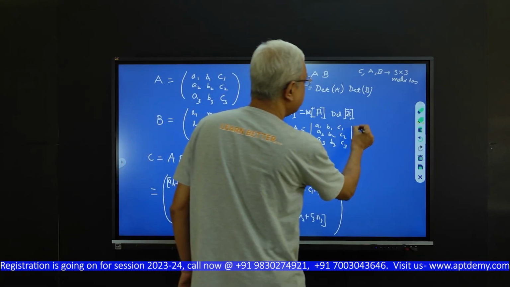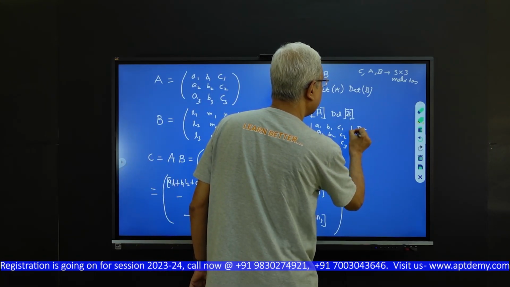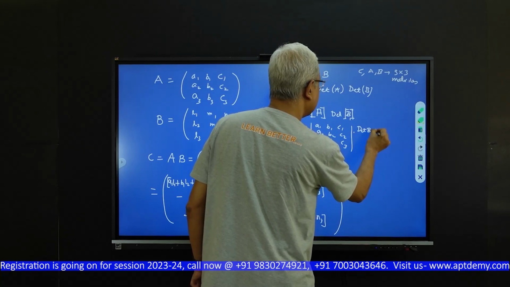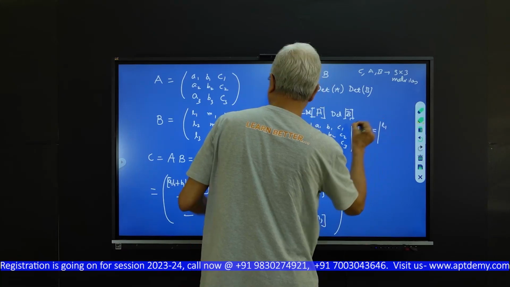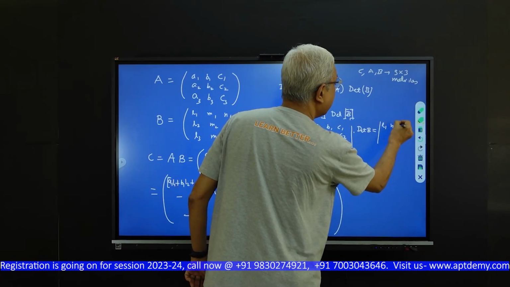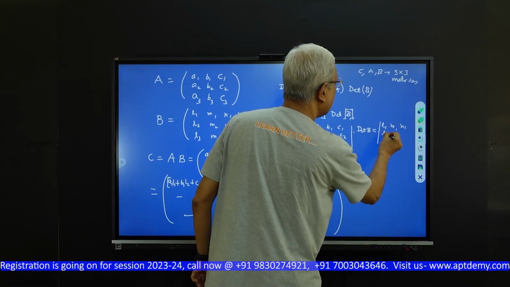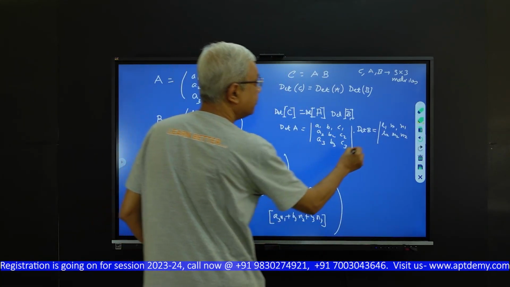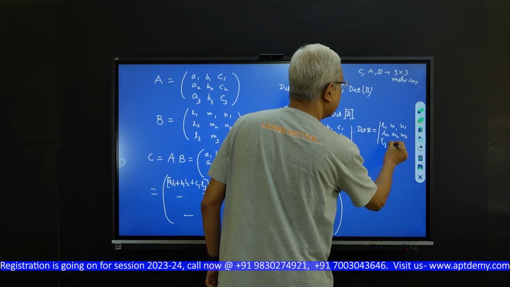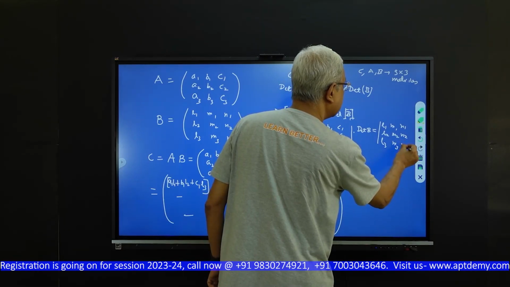And the determinant of B is simply this determinant L1, M1, N1, L2, M2, N2, L3, M3, N3.